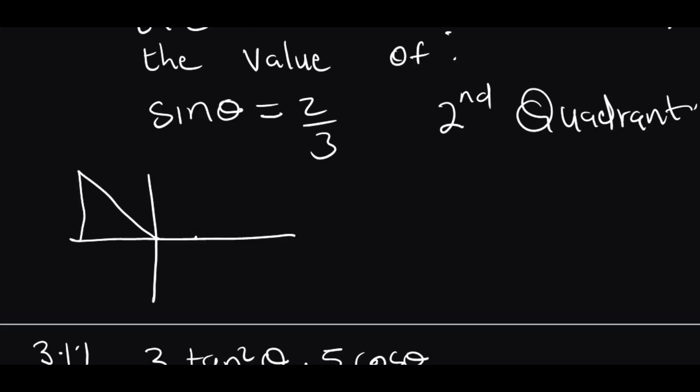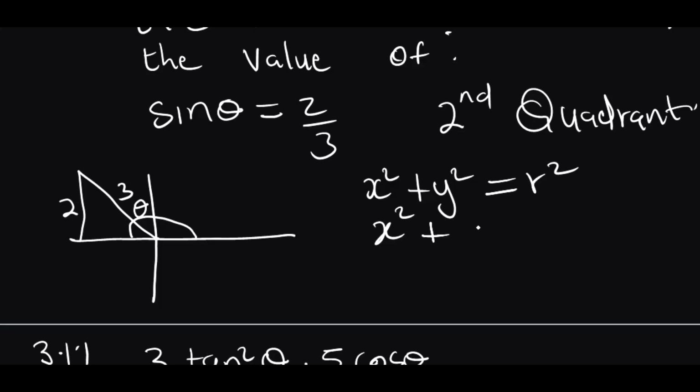And we will have this angle theta here, where we have 2 here, then we have 3 here. We need to find x. We need to use the theorem of Pythagoras in order to calculate the value of x. x squared plus y squared is equal to r squared. x squared plus, where there is y, we put 2 squared, which equals 3 squared.